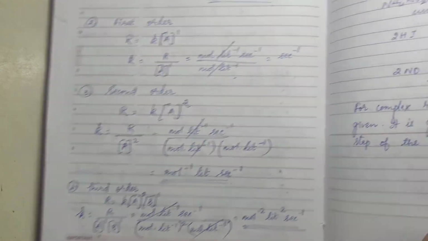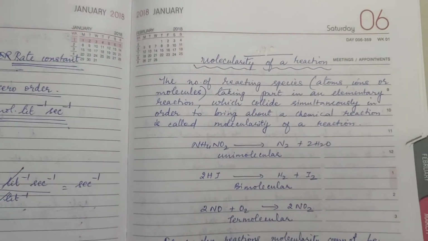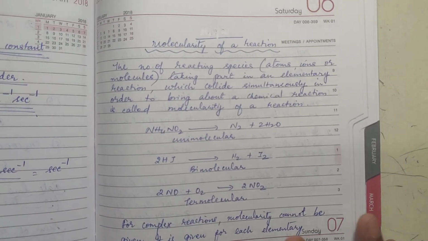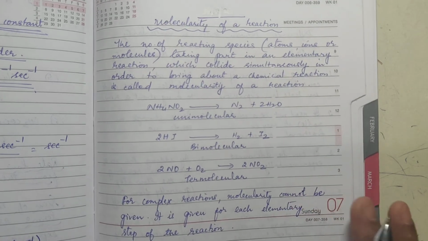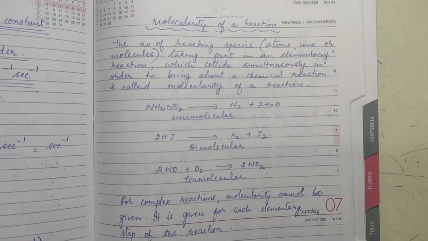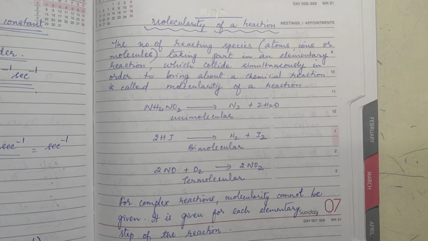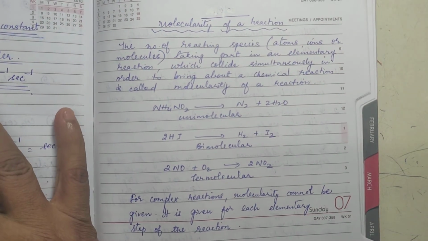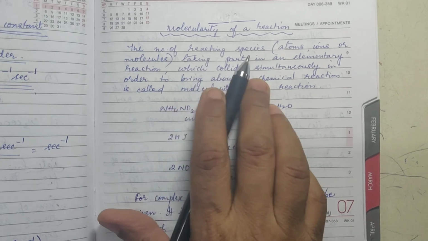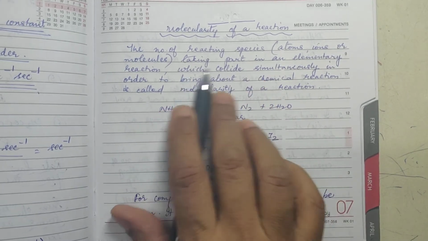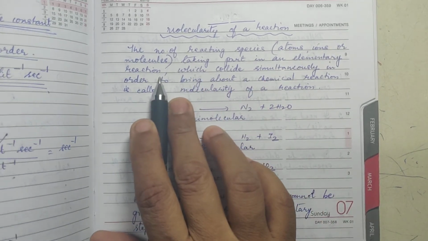Okay, now after this you need to understand the next concept, that is the molecularity of a reaction. Now what is molecularity? Molecularity is nothing but the number of reacting species taking part in an elementary reaction.